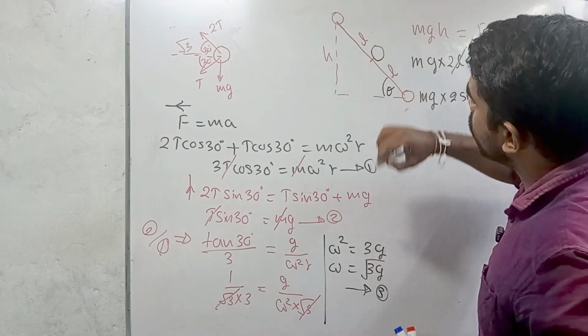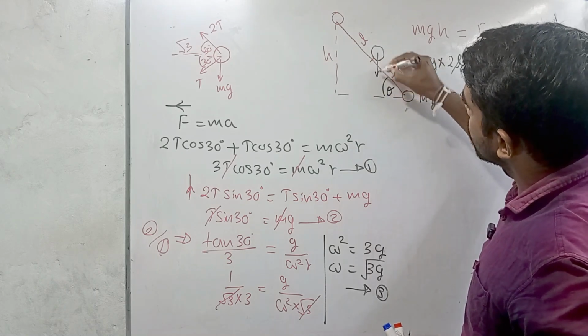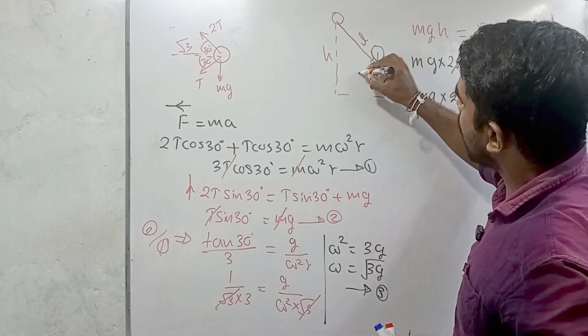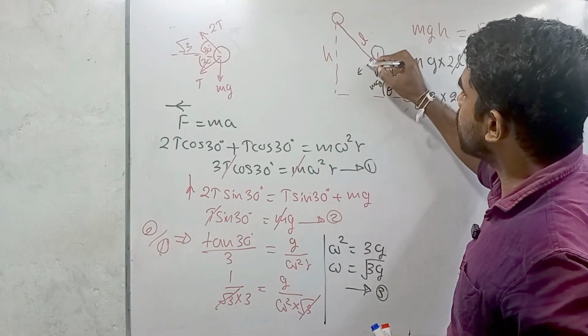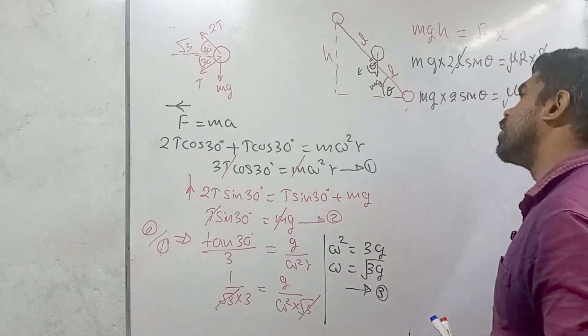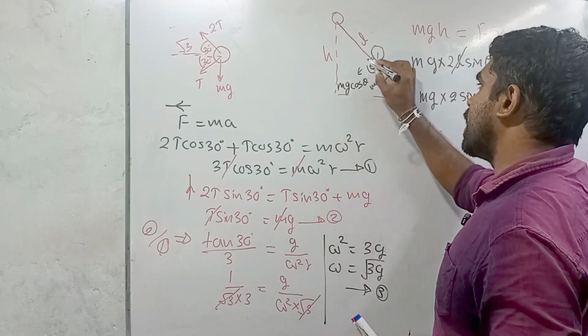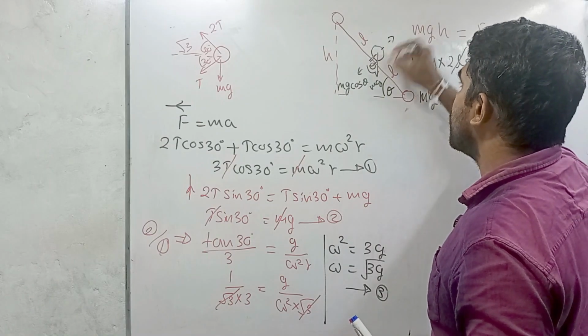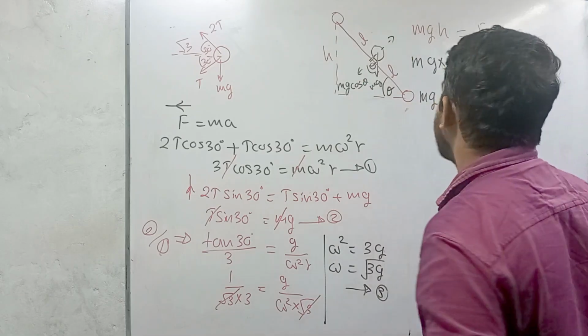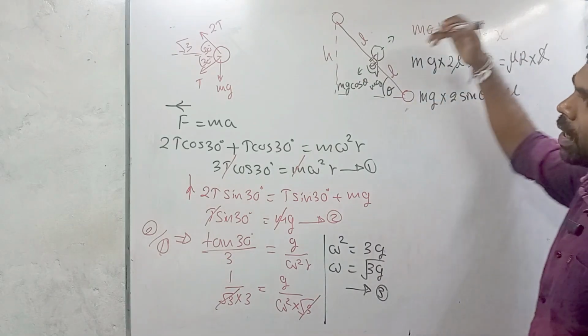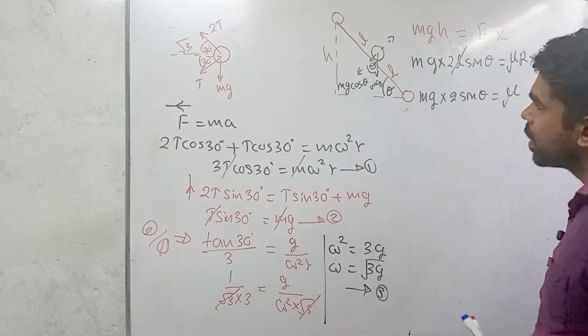We know that when moving the object, weight is like this, therefore weight component perpendicular to the surface is mg cos theta. We know that this angle is theta. Then reaction is equal to the weight component perpendicular to the plane.